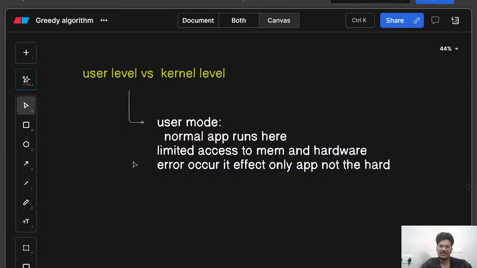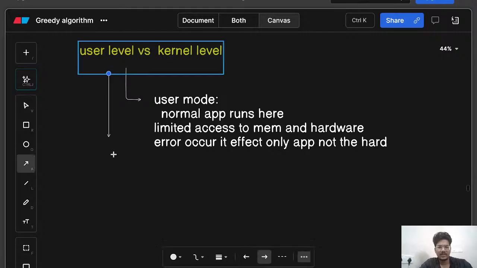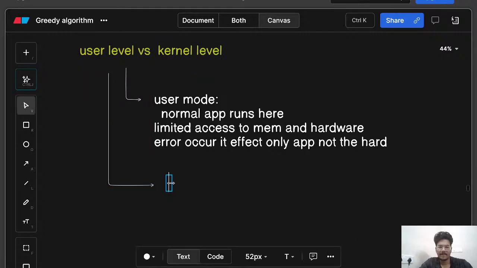But in kernel mode, what is it? The operating system core runs here, like device drivers, system calls, and memory management.